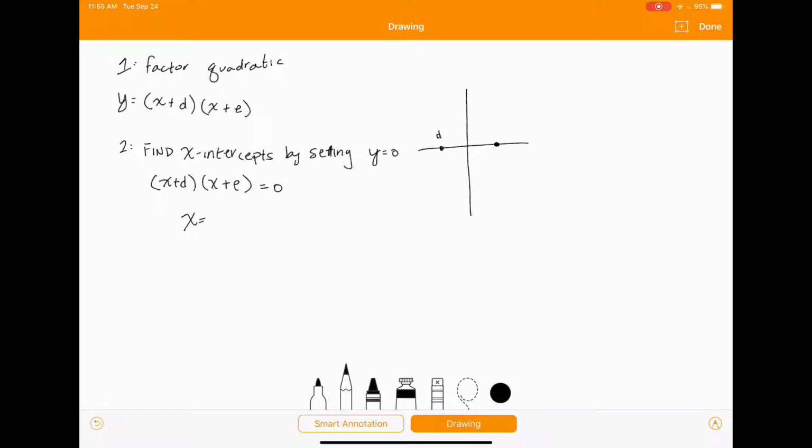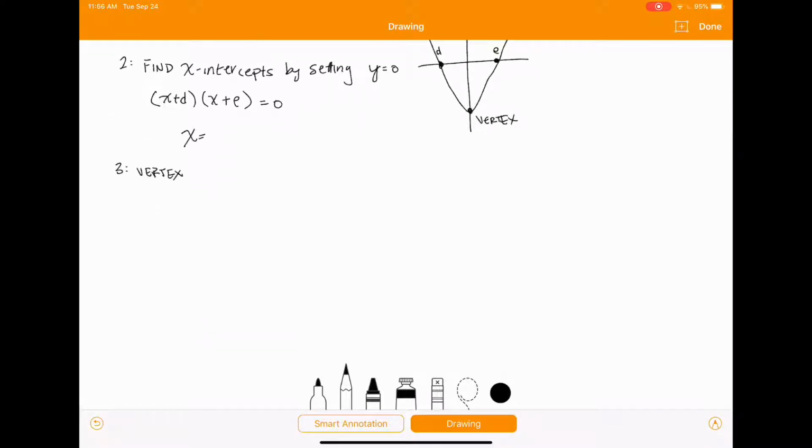Let's call this D and this E that lie on the x-axis. So then next you're going to find your vertex. And so then you'll have this down here as your vertex. And then you can go ahead and plot. Now again, it doesn't matter which method you use for graphing, just whatever you're more comfortable with.